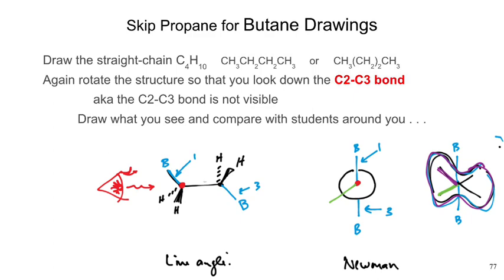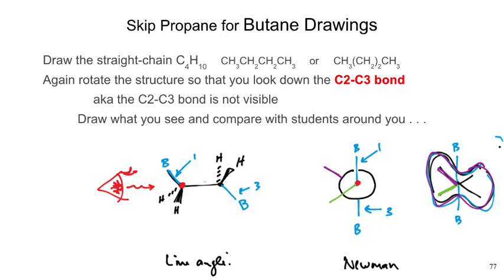Carbon 3 was the back atom, so I want to make sure that I show that line connected to the back atom. So you'll note that I do not draw anything in that space. Because if I draw anything in that space, I'm now showing the bond connect to the front atom. Okay? So this drawing has 3 dimensions implied within that structure, and we have to be careful with how we look at it.